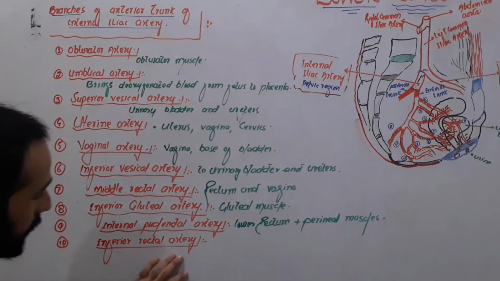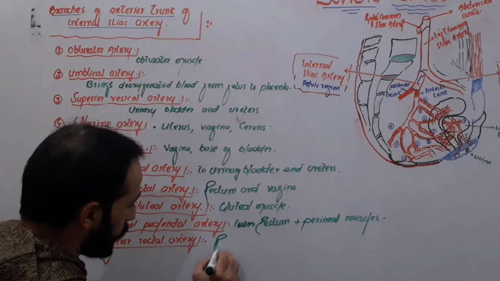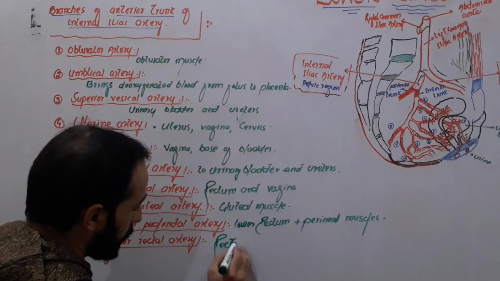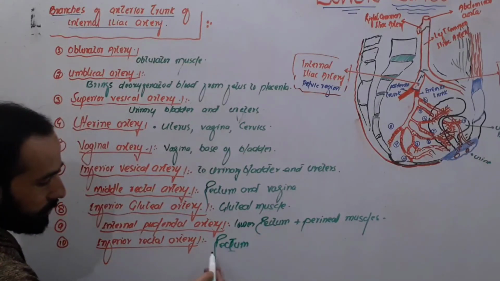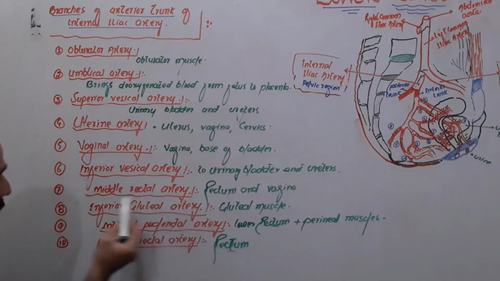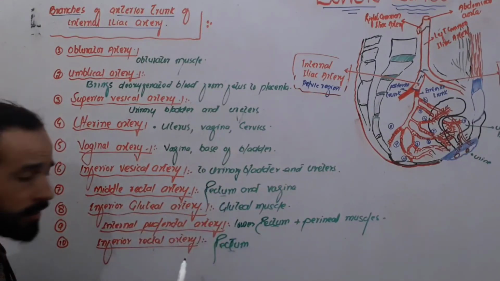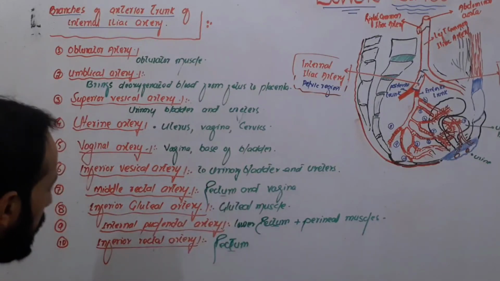So the inferior rectal artery is responsible to supply blood to the rectum. You can see the rectum is supplied by many arteries. Look, inferior rectal artery, internal pudendal artery, and then there is the middle rectal artery, right? So they give off small branches to complete the blood supply.